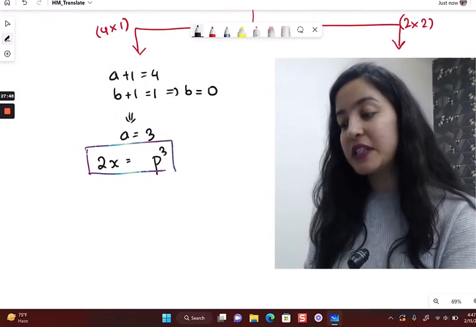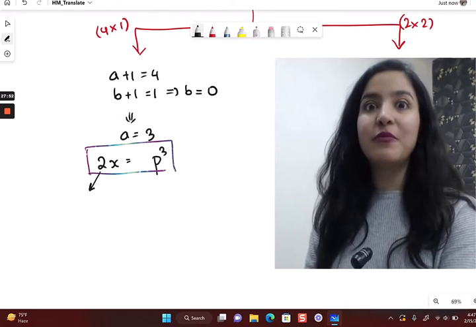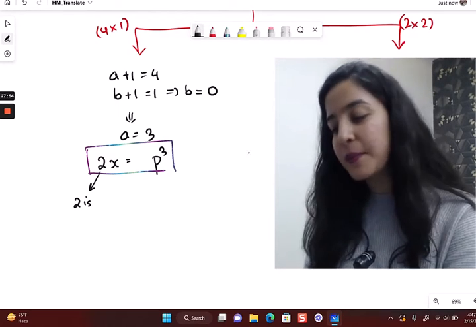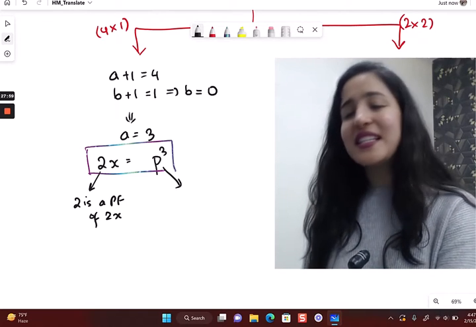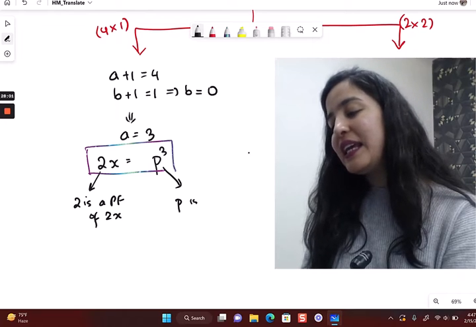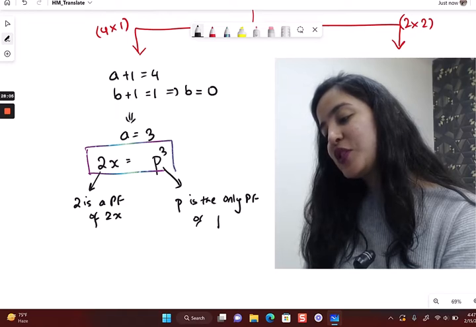Okay, so here in the first case now, look, on the left side I can see 2 definitely is a prime factor of the left side because it's 2 times something. So 2 is a prime factor of 2x. Now this is the right side and I can see p is the only prime factor of the right side, which is p cubed.